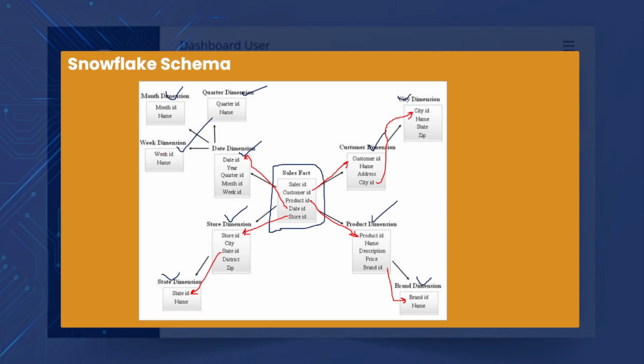And then we can see week ID with week ID here. And then we can see quarter ID with quarter ID here. And then we can see month ID here. So this is exactly how this Snowflake schema looks like.